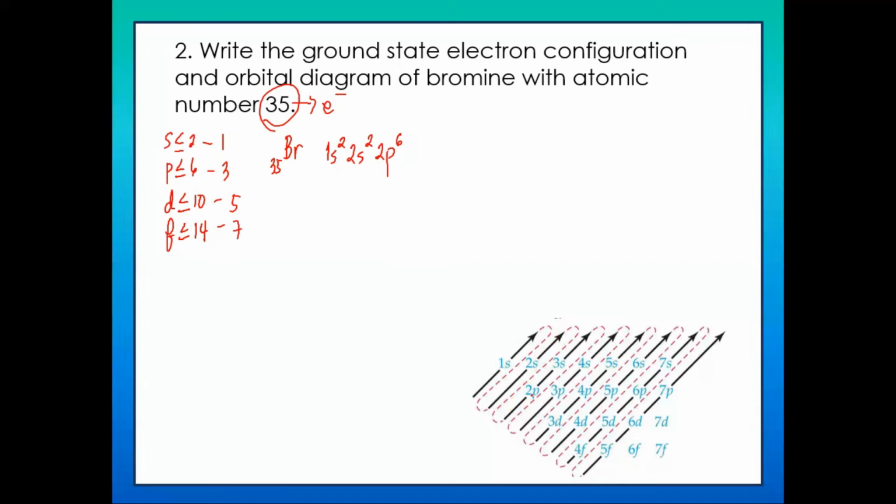Move to 3s after 2p, so 2 as well. Move to 3p, 6. And 4s, 2. Pause for a while. Let's add the exponents: 2 plus 2 plus 6 is 10, plus 2 plus 6 plus 2 is 20. So, we still have 15 electrons to distribute. Again, exponents are for the electrons.